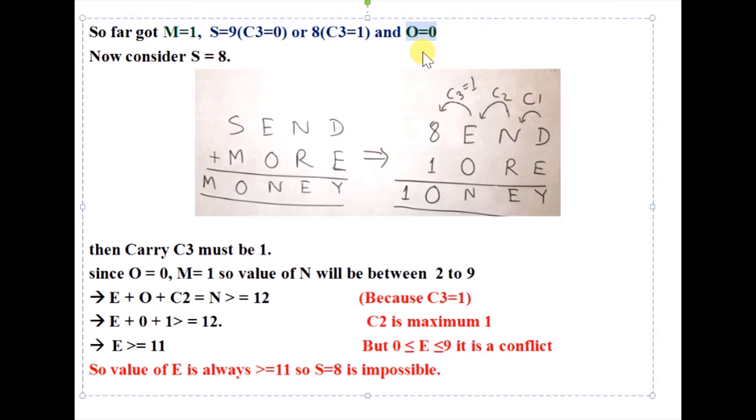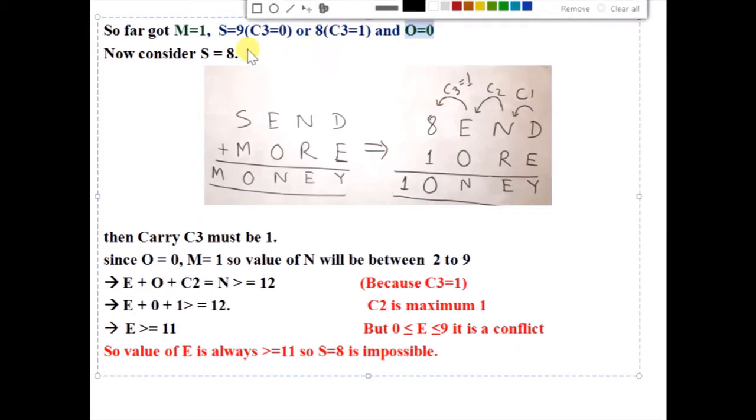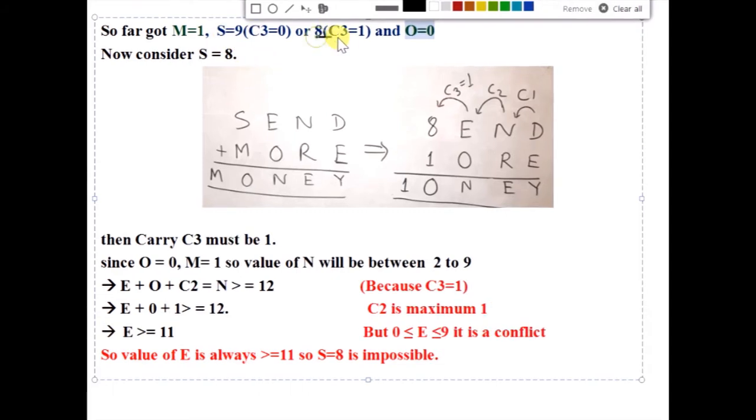Now we have got the new constraint O equals 0. So what will be the value of S? S is 9 or S is 8? We will consider S equals 8. At that time C3 will be 1. C3 will be 1 if E plus O plus C2 is greater than or equal to 12. Why 12?